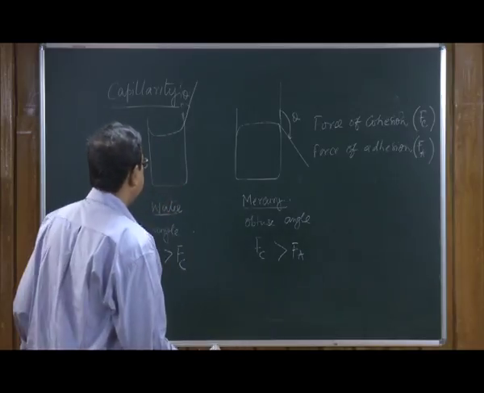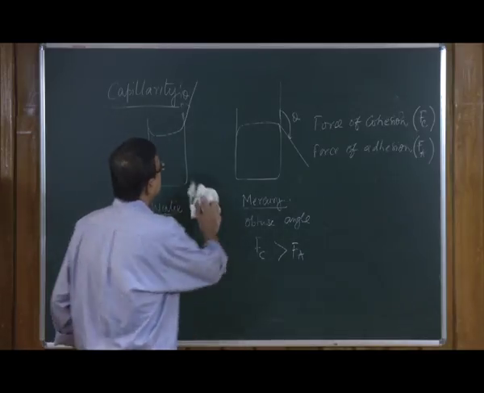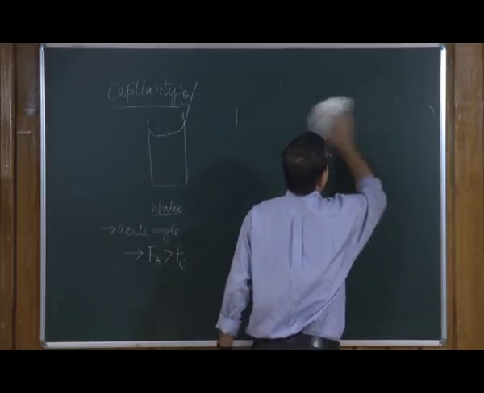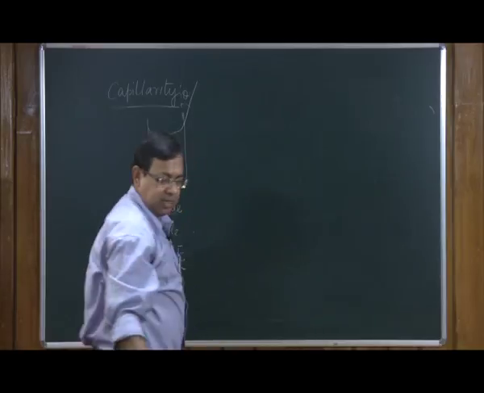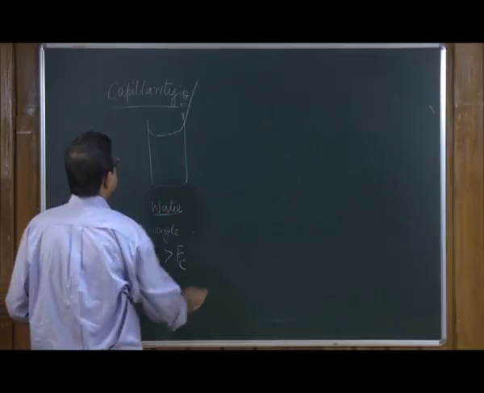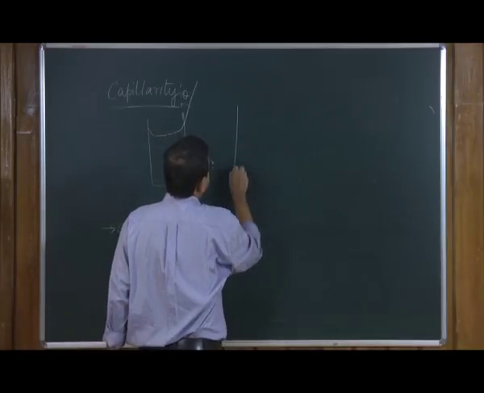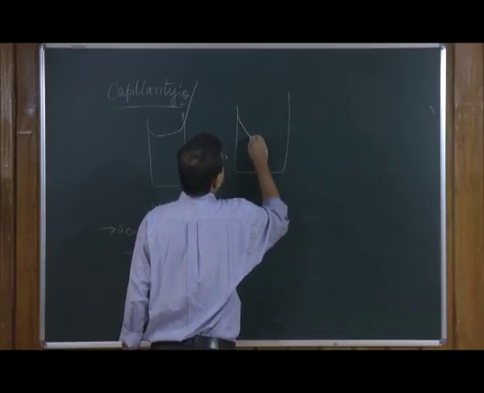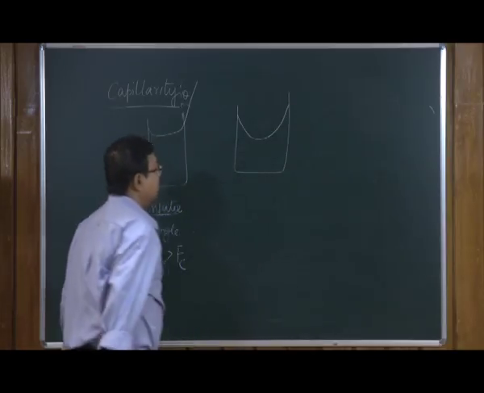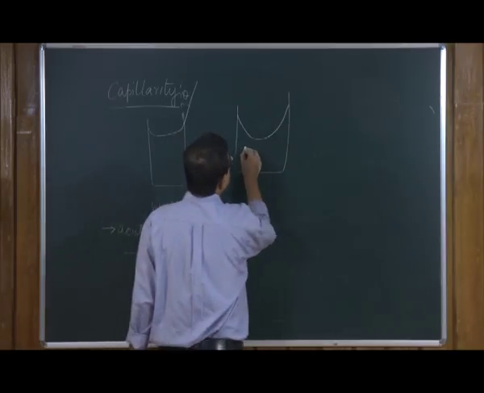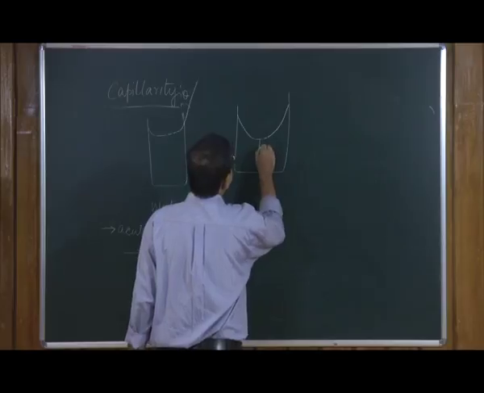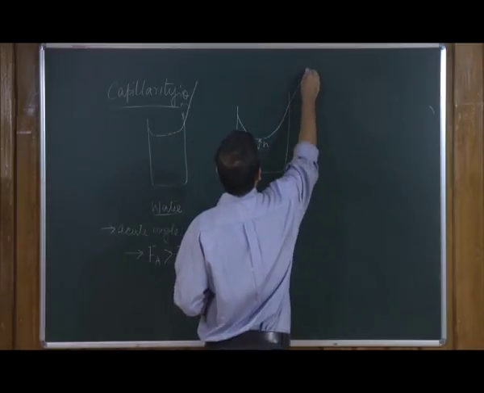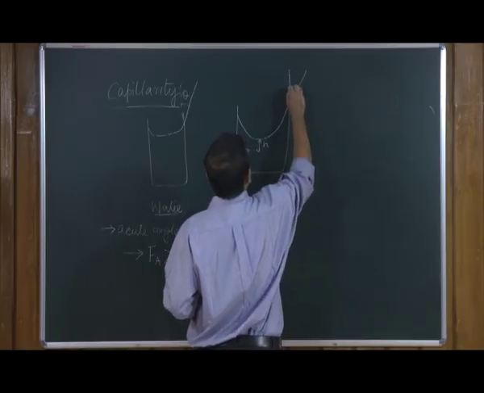How do we calculate this theta? Let us take one example, that of water, and let us emphasize it more. Say this is the meniscus, and take some height h here, and we want to calculate the height h.